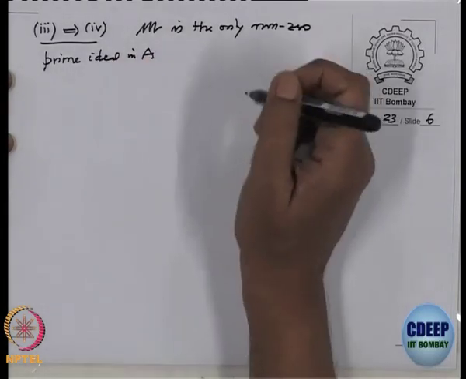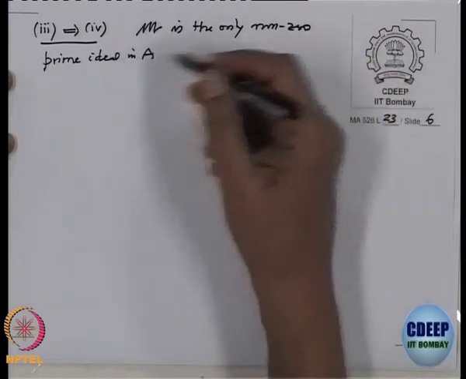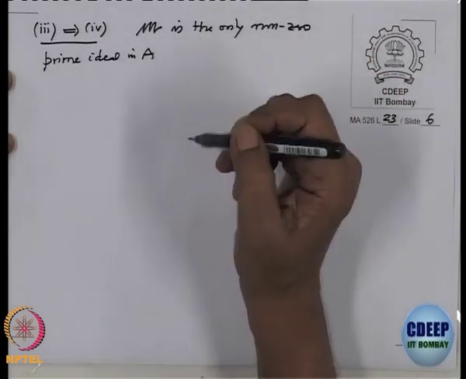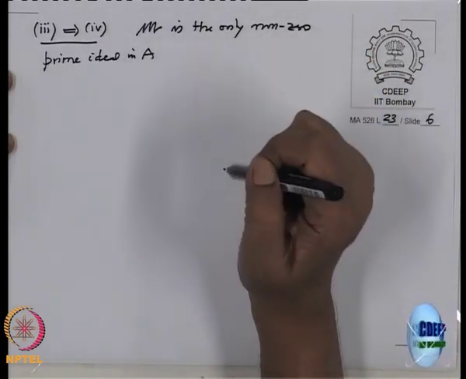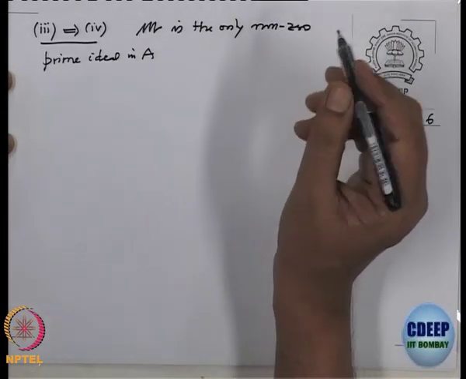Because dimension is 1 and it is local. If there was a prime ideal different from zero and different from M, it will be contained in M and the dimension will increase. So, this is the only non-zero prime ideal.